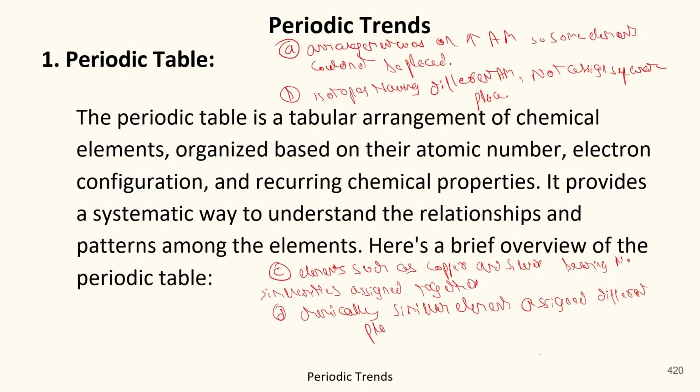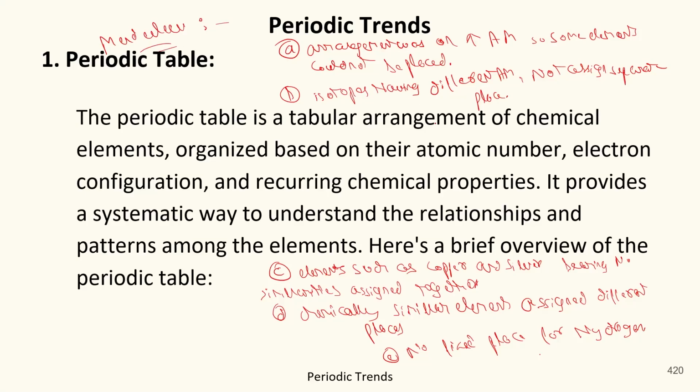And the fifth one: no fixed place for hydrogen. So these are the basic limitations of the periodic table given by Mendeleev.